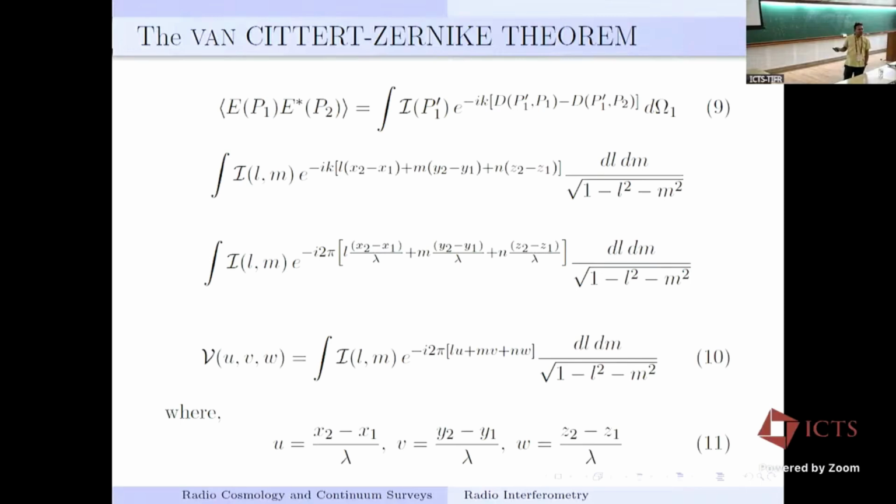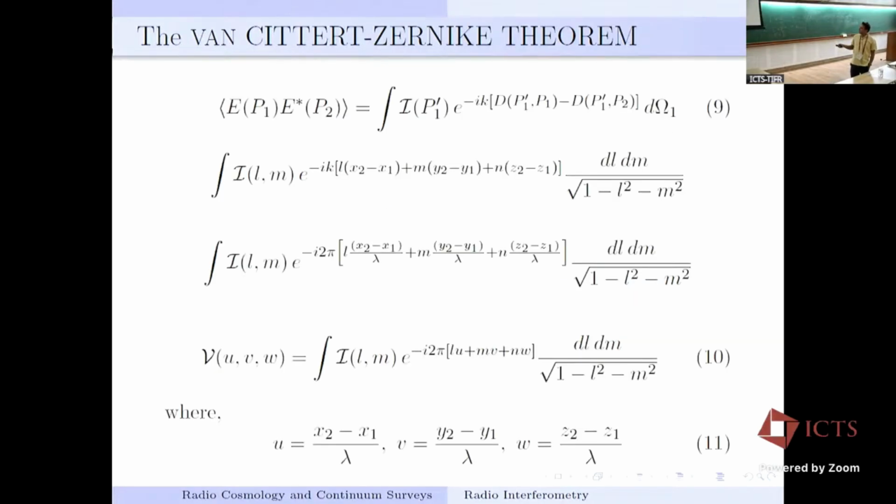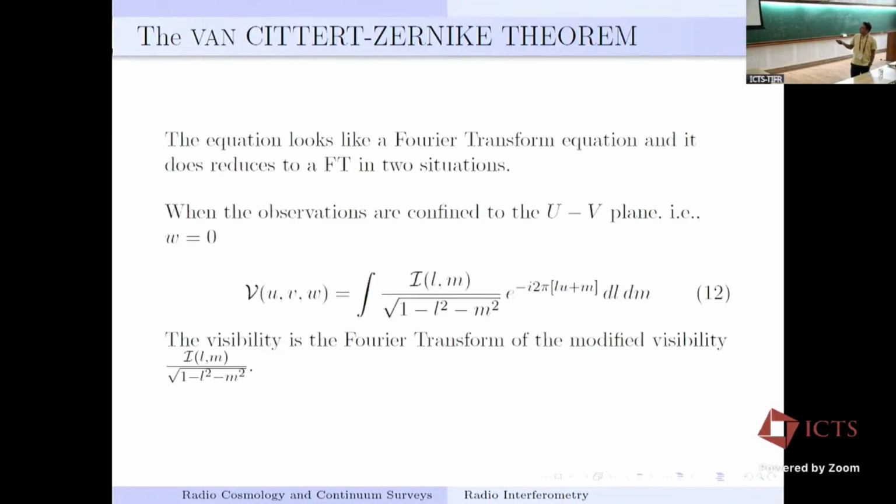This looks like a Fourier transform, isn't it? You have a function over here, you have a kernel and dl dm. Forget about this part, we can deal with this. Now it does in fact look like a Fourier transform, and it does convert into a Fourier transform in two situations.